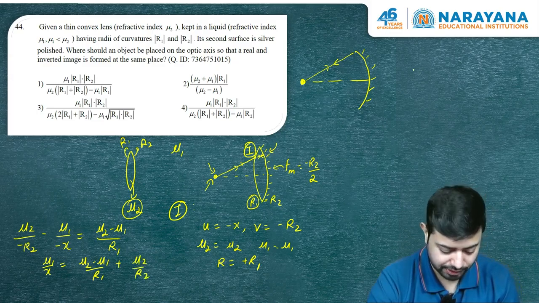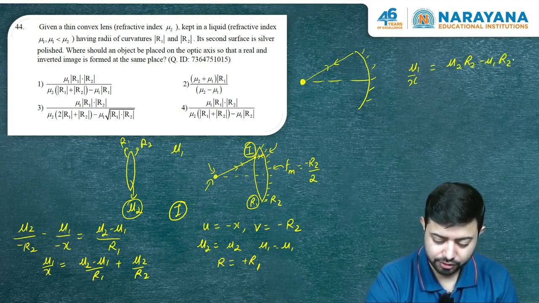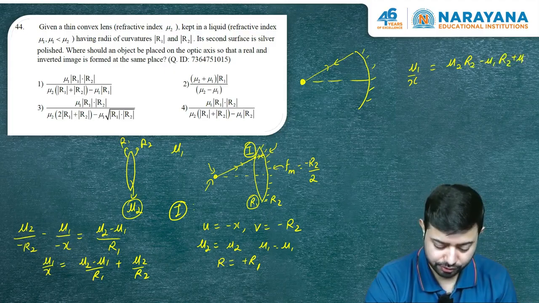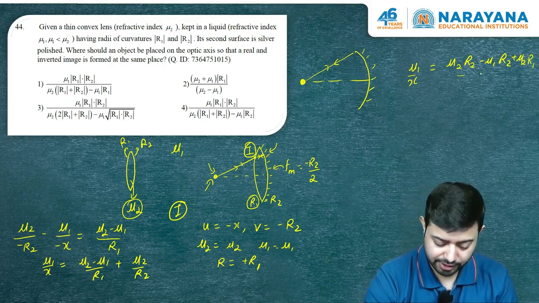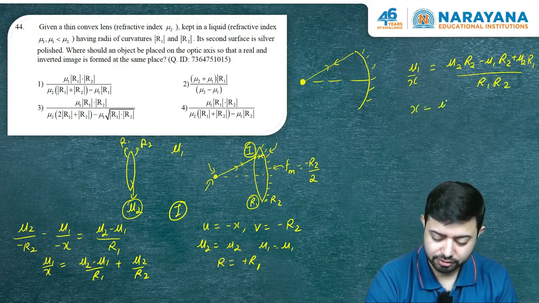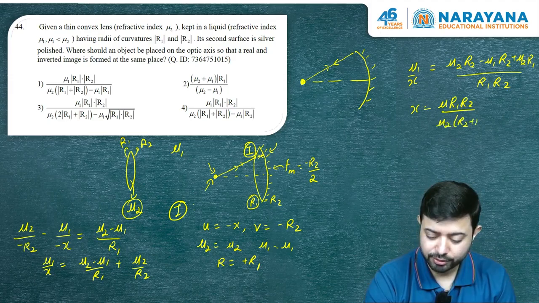Take the LCM, right. So this will become mu 1 by x equals mu 2 R2 minus mu 1 R2 plus mu 2 R1, divided by R1 R2. So, how much is x? Mu 1 R1 R2 divided by, taking mu 2 common, R2 plus R1 minus mu 1 times R2.